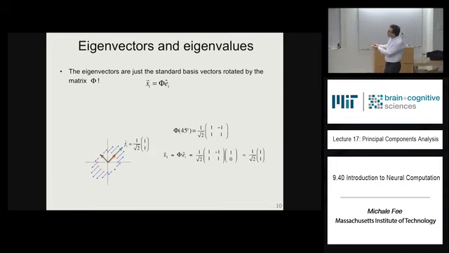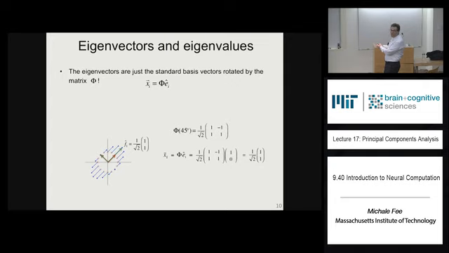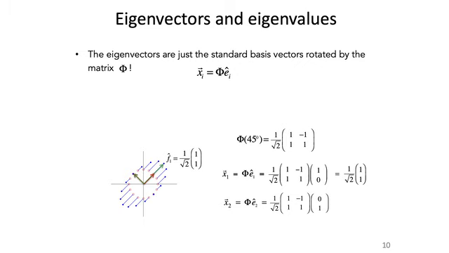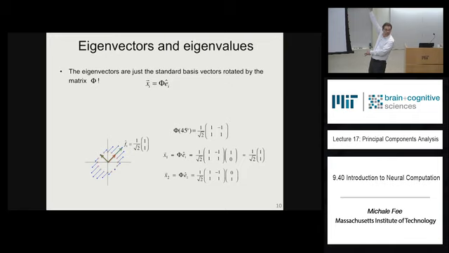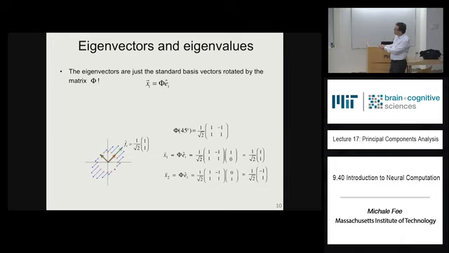So this first eigenvector is just a vector along the 45-degree line, 1 over root 2. It's a unit vector. That's why it's got the 1 over root 2 in it. The second eigenvector is just y times e2, so it's a rotated version of the y standard basis vector, which is 1 over root 2 times minus 1, 1. That's this vector.